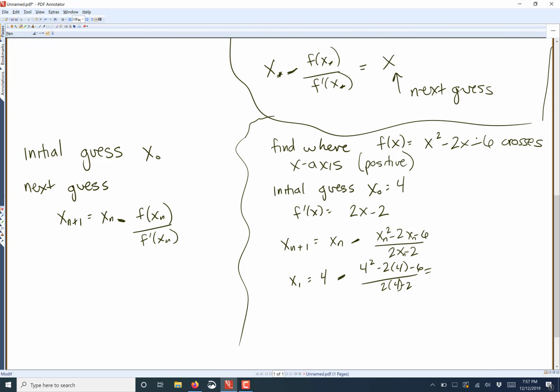So when I put a 4 in, I get 3.6666. My first guess was 4, my second guess is 3.6666. Now let's try a second guess. I'm going to do the exact same thing, but I put in the 3.6666 wherever I see x. So 3.6666 minus 3.6666 squared minus 2 times 3.6666 over 2 times 3.6666 minus 2. You'll get some long decimals here, so you kind of have to get used to that.